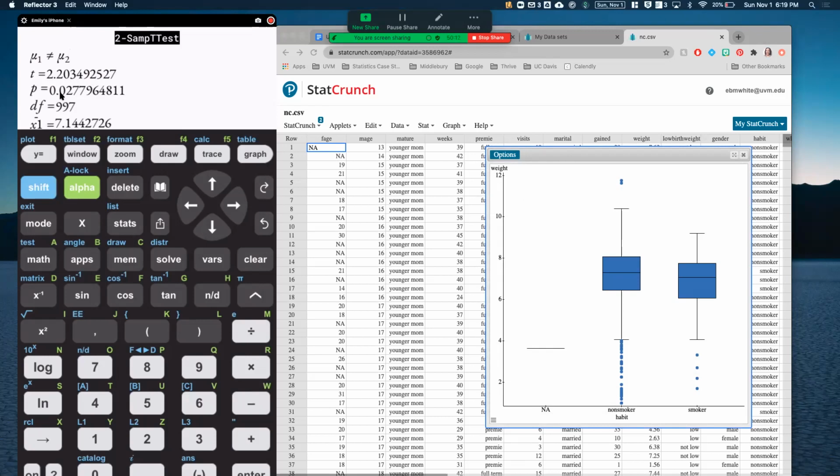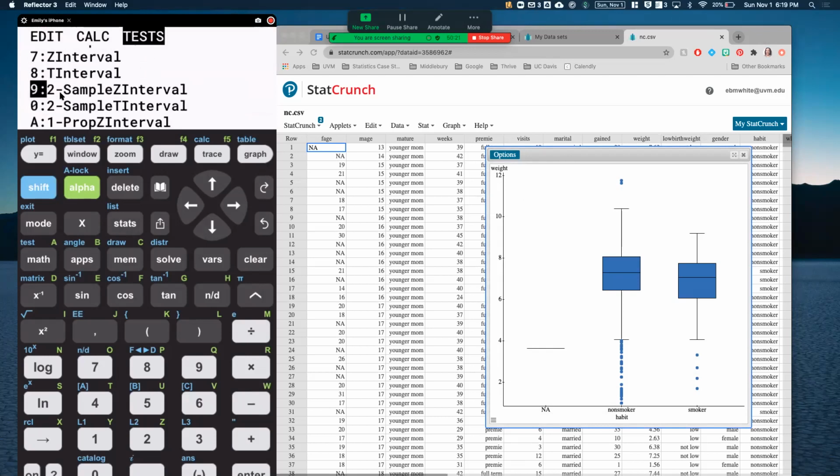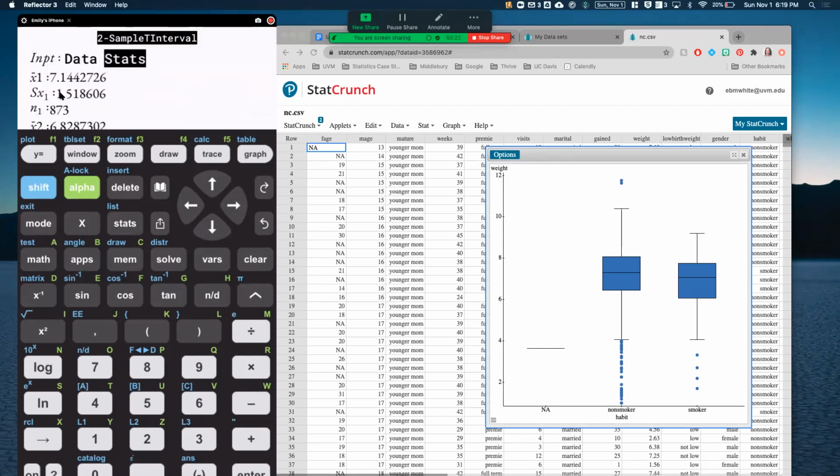In order to do that, you're going to do stat tests. And then rather than my one sample t-test or my two sample t-test, I'm going to do a two sample t-interval. It should keep my stats from earlier. And so I can use that and make sure I'm pooling and press calculate. And there, that's going to give me a confidence interval for the difference.